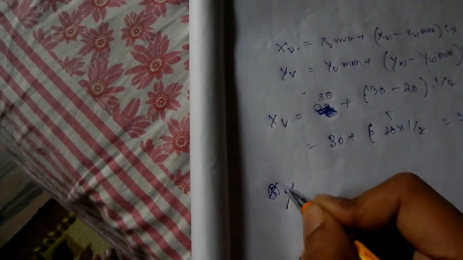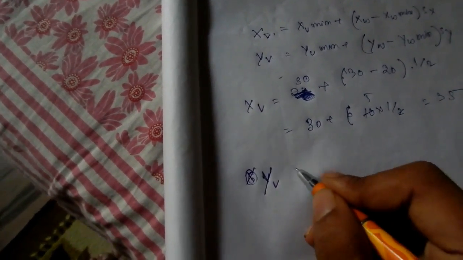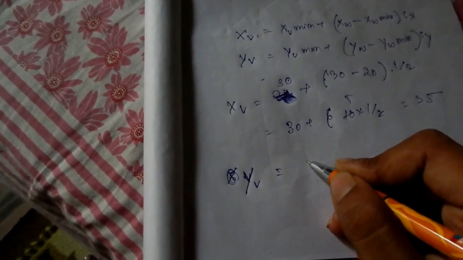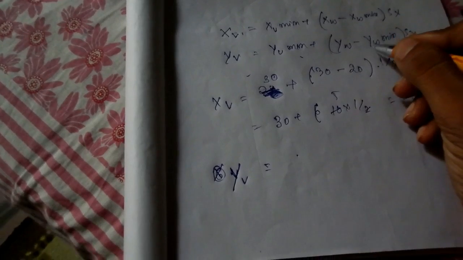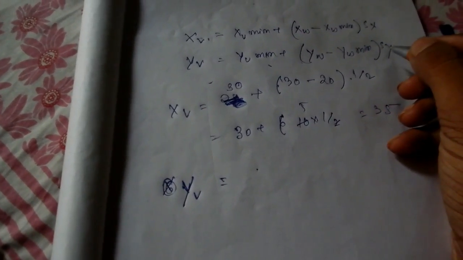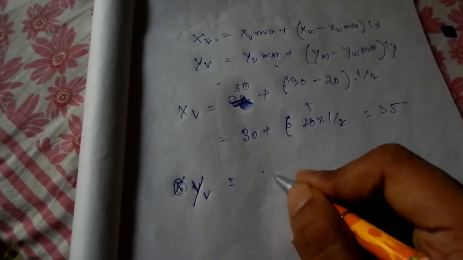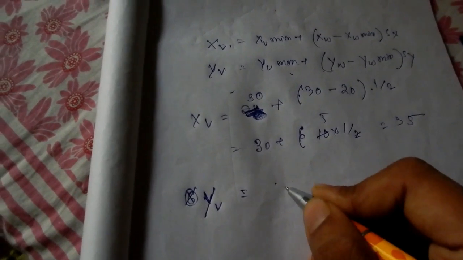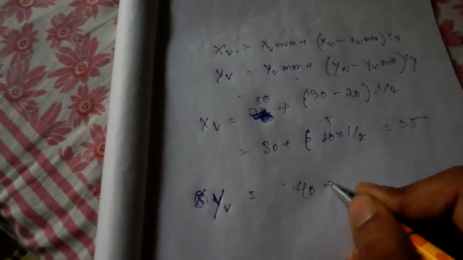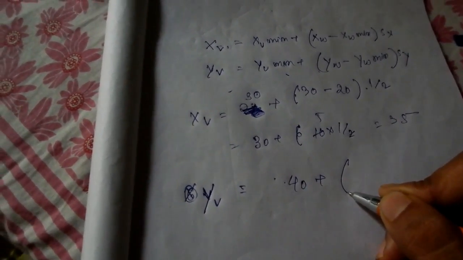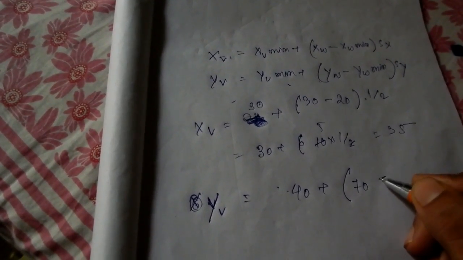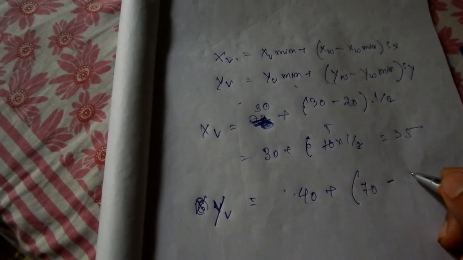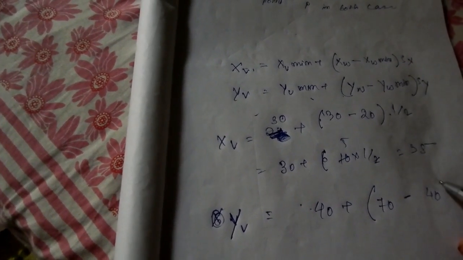Now if I calculate yv, the value of y for the viewport, the same formula: yv min plus yw minus yw min into Sy. So yv min is 40 plus yw, which is 70, minus yw min, which is 40.